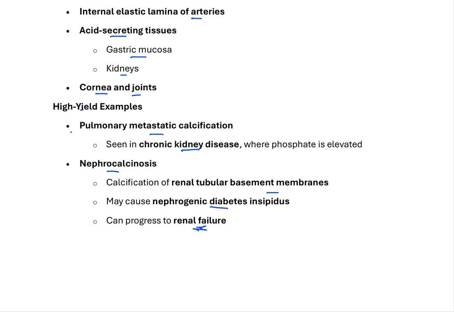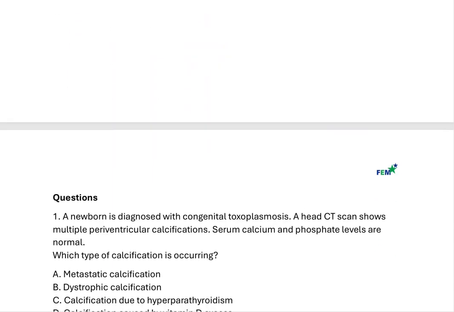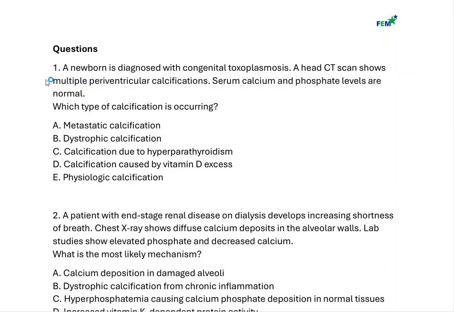So we've come to the end of today's lecture, so let's do some questions. So the first question: a newborn is diagnosed with congenital toxoplasmosis. A head CT scan shows multiple periventricular calcifications. Serum calcium and phosphate levels are normal. Which type of calcification is occurring?